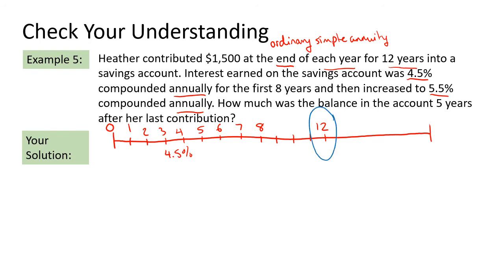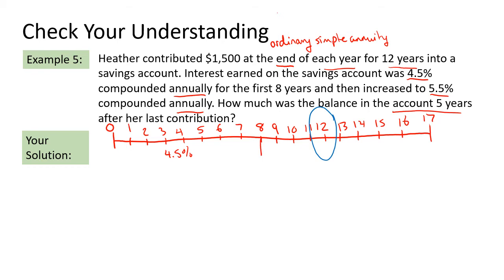Okay, and then in the question, they want to know the balance 5 years after her last contribution. Okay, so that means we also have to go 5 years further. 13, 14, 15, 16, 17. So I start this question and you're already stopping and thinking, wow, there's a lot going on, right?